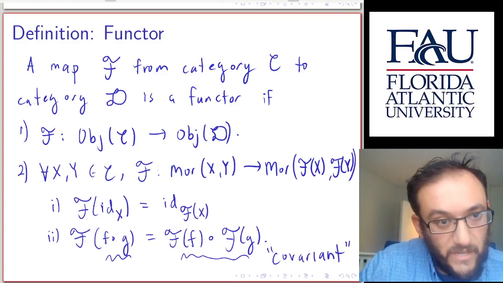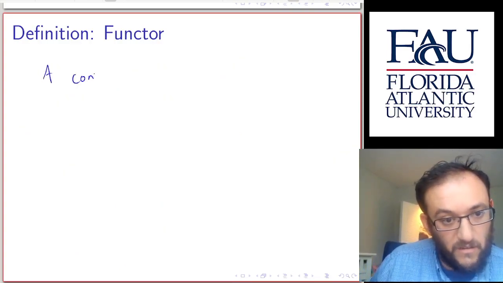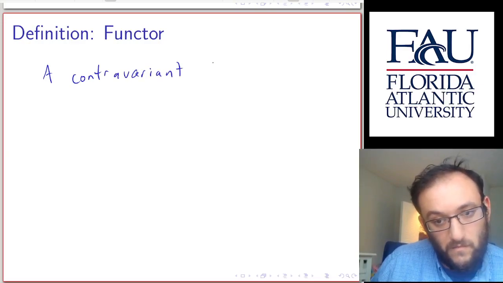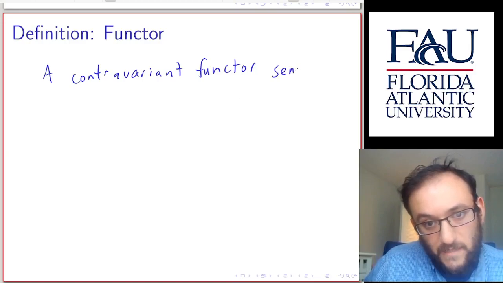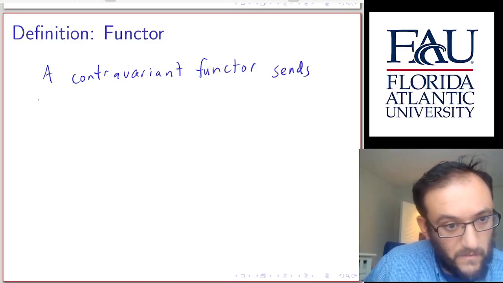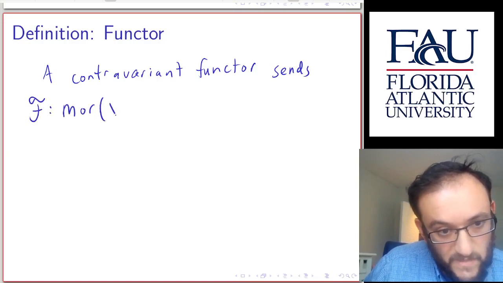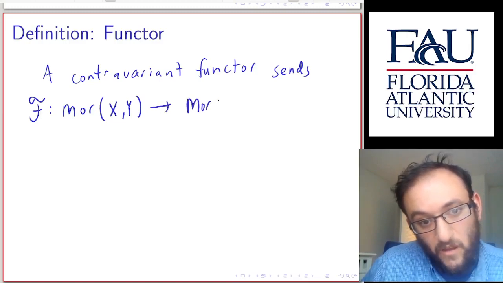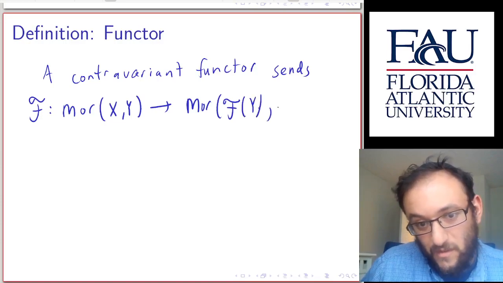And there's another version, a contravariant functor. It sends morphisms from x to y to morphisms from F of y to F of x.